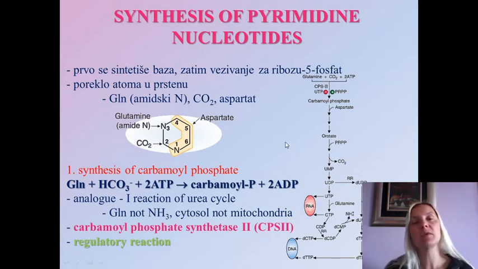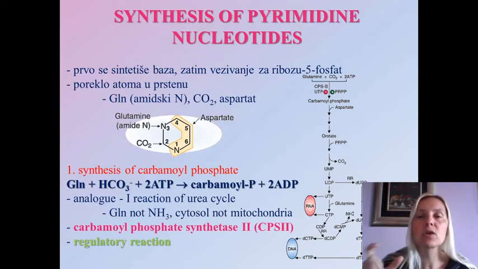If you followed me carefully so far, you will recognize that this reaction is actually analogous to the first reaction of the urea cycle, but with slight differences, because in the urea cycle the donor of the nitrogen atom for carbamoyl phosphate was ammonia or ammonium ion, and here we have glutamine, a molecule which can fix ammonia in the amide group of its side chain.